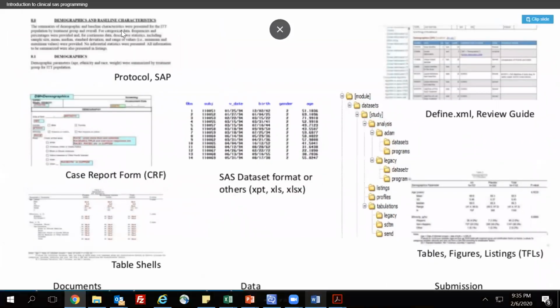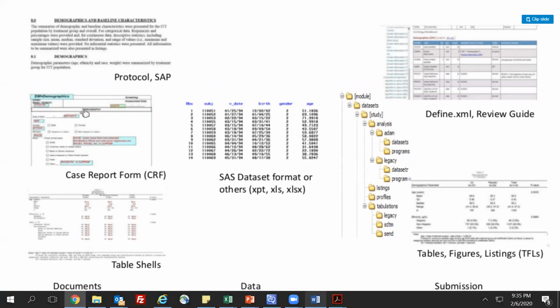The first one is the protocol, which I just showed you. The second one is the case report form. It's a form which has complete information about the subject's name, sex, age, and whether he has any other disorders like blood pressure or diabetes.